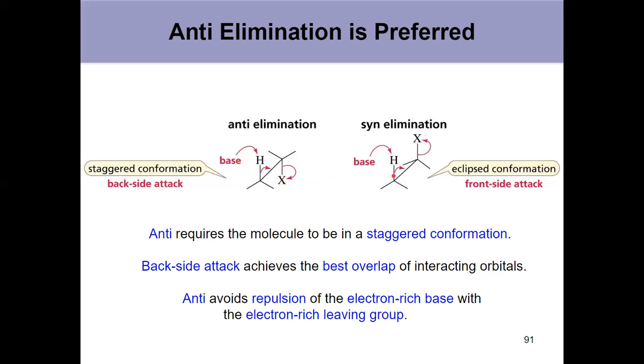Now, again, they have to be parallel to get that overlap in the orbital. The anti-elimination, where they're on opposite sides over here, is when it's a staggered conformation, thinking back to your Newman projections. Now, a syn elimination over here is when they are in the eclipsed conformation.